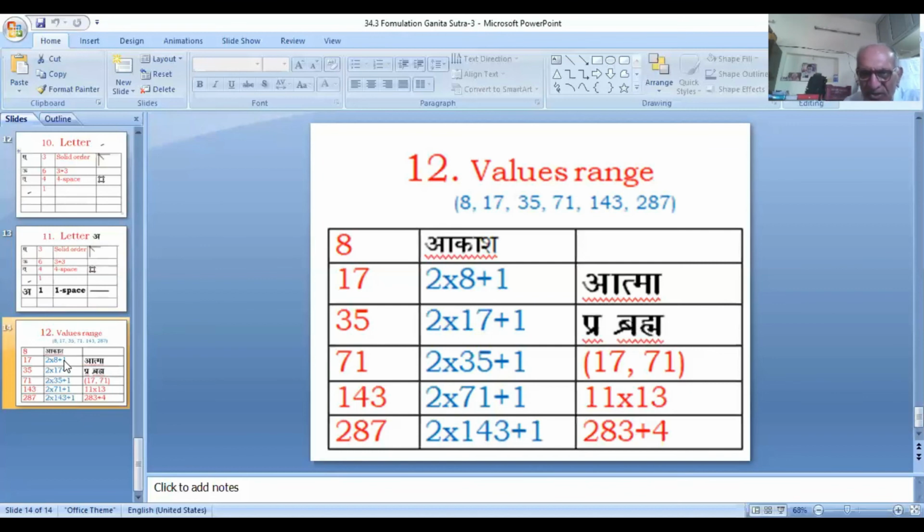Therefore, the value 287 as 283 plus 4 brings us face to face with the 283 value being parallel to the 283 letters setup of the Ganita Sutras. It is this reach of the organization format features of the Formulation Ganita Sutra, being of values parallel to the values of the total letters of all the 16 Ganita Sutras.